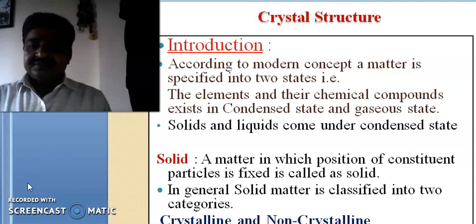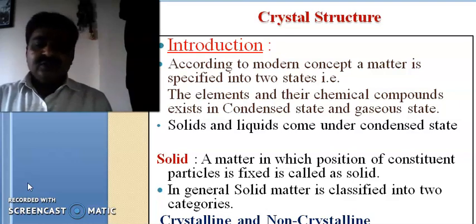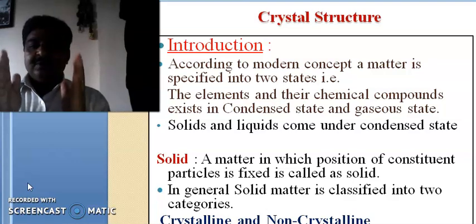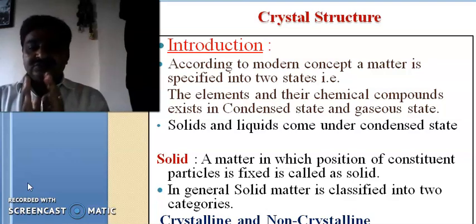And these solid substances are again classified into 2 different categories. One is crystalline and the second one is non-crystalline. The non-crystalline category is also called amorphous. So there are crystalline solids and amorphous solids.